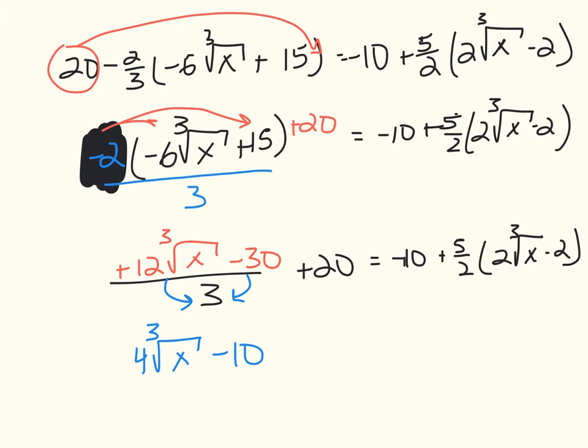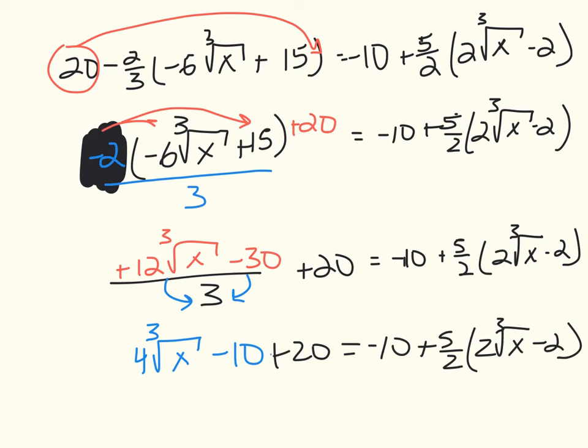This is a mess. +20 equals -10 plus 5/2 times the group 2 third roots of x minus 2.